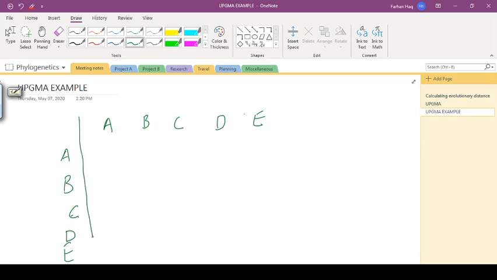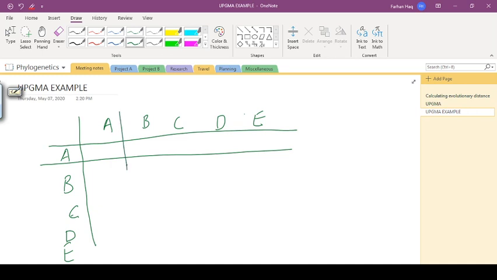As we discussed previously, when we are making a phylogenetic tree, first of all we have to build a matrix.